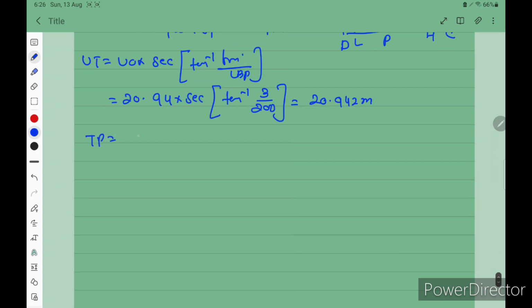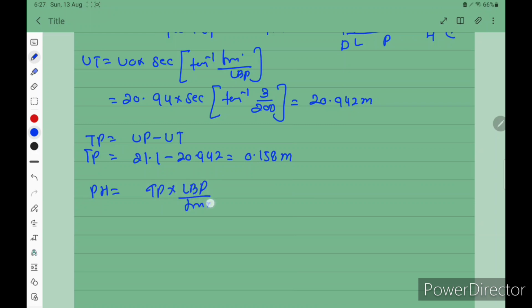Now TP is equal to UP minus UT, correct? So 21.1 minus 20.942, we get 0.158 meters. Find out the value of PH. PH is equal to TP into LBP by trim. So 0.158 into 200 divided by 3 is equal to 10.533 meters.